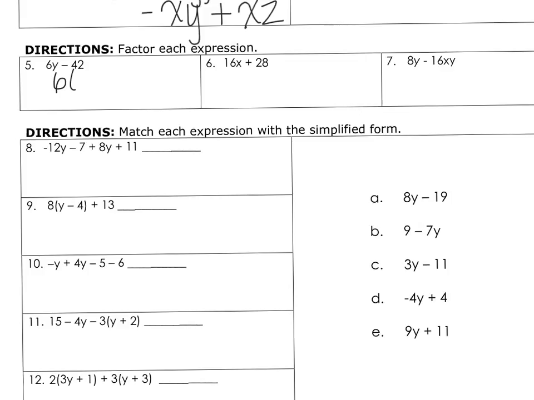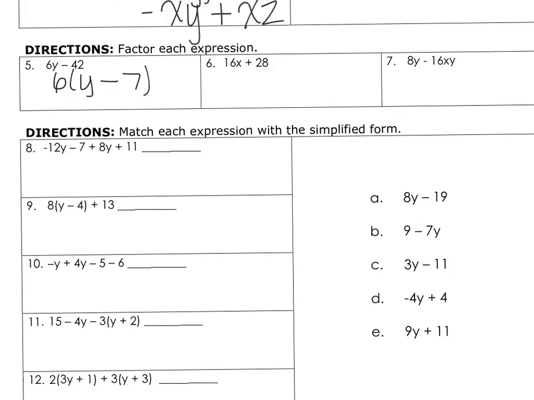So if I took 6y and divided it by 6, I would just get y, minus 42 divided by 6 is 7. If you wanted to double check your work, if you distributed that, 6 times y is 6y minus 6 times 7 is 42.